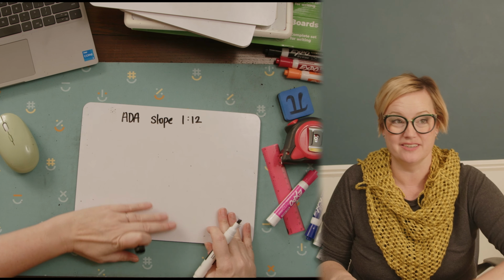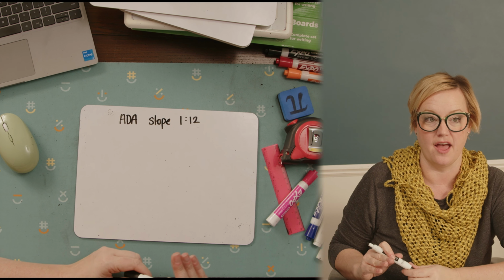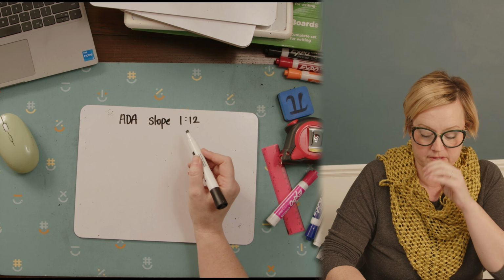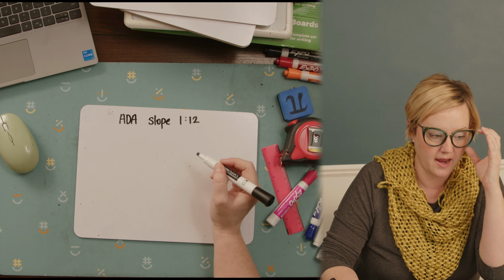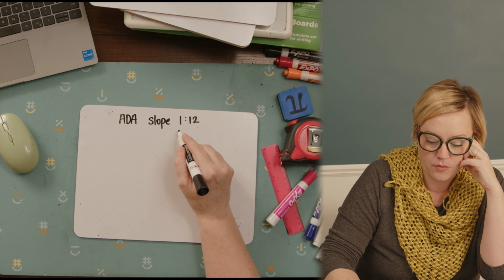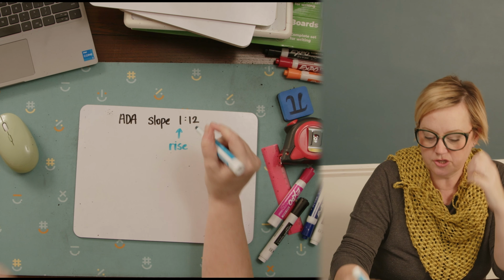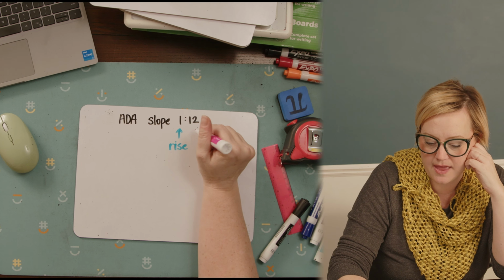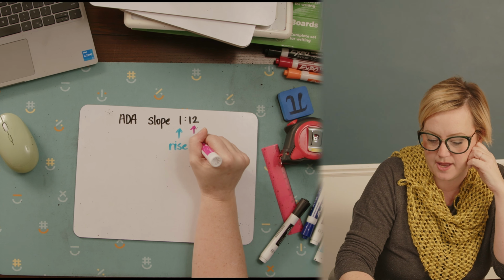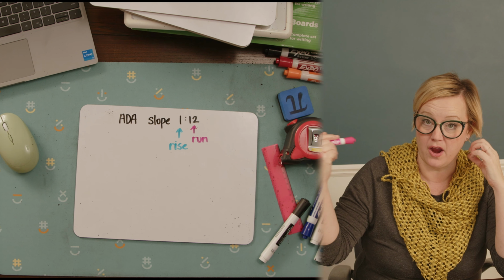So that's not even getting into trig, right? That's just talking about the slope. So we've got for every 1 inch rise, a 1 inch rise should be no less than a 12-inch run. So it's 1 inch for every foot.